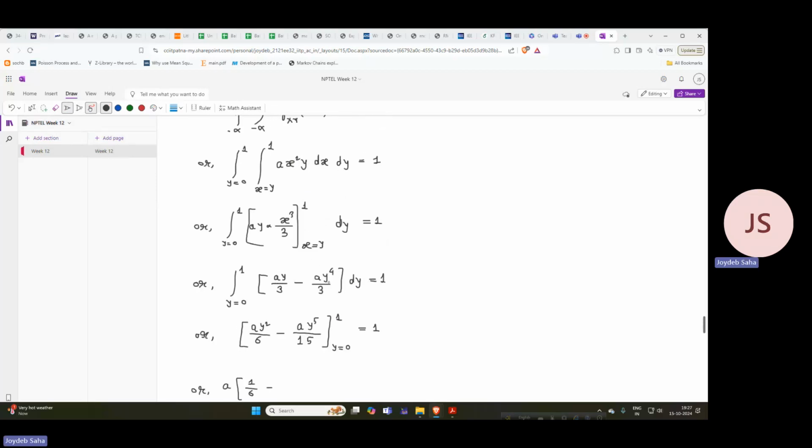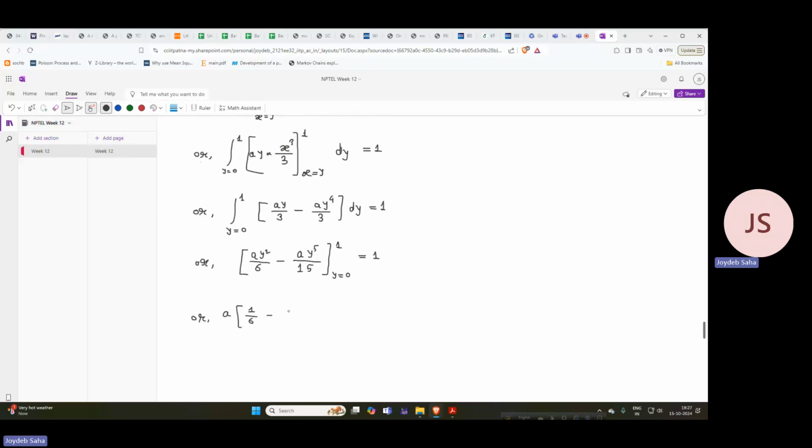Yes, it is correct. Okay, so it will be 1 upon 15. Okay, fine, is equal to 1.